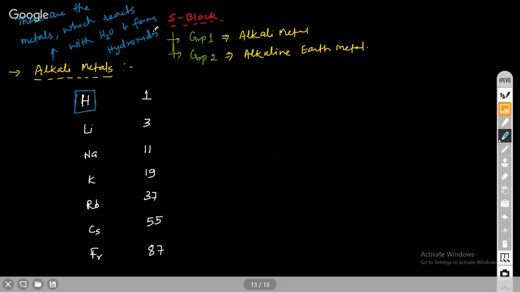Hydrogen, however, is present in group 1, but we don't consider hydrogen an alkali metal. Why is it not an alkali metal? Since it does not react with water. That's why hydrogen is not an alkali metal.